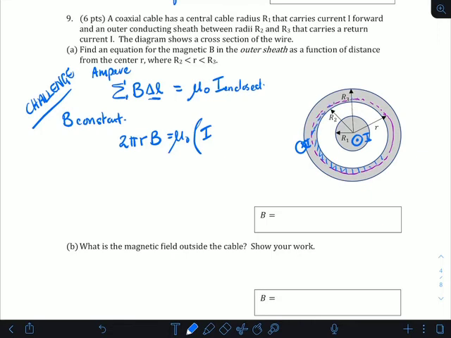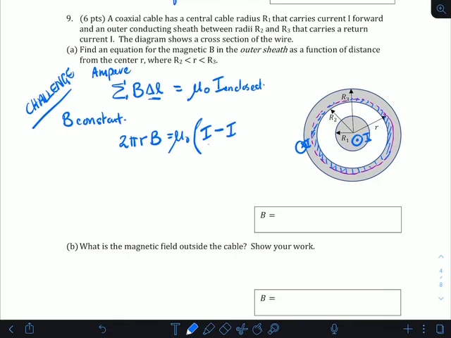And it's only a fraction of the total current being carried in this outer sheath. Because it's going the opposite direction, I take the current I from the center part minus I times an amount proportional to the areas.